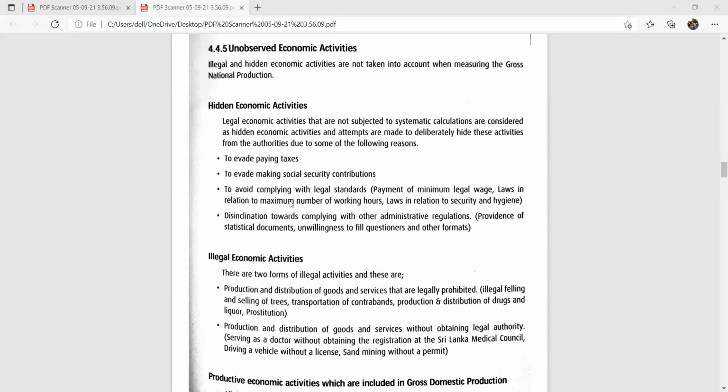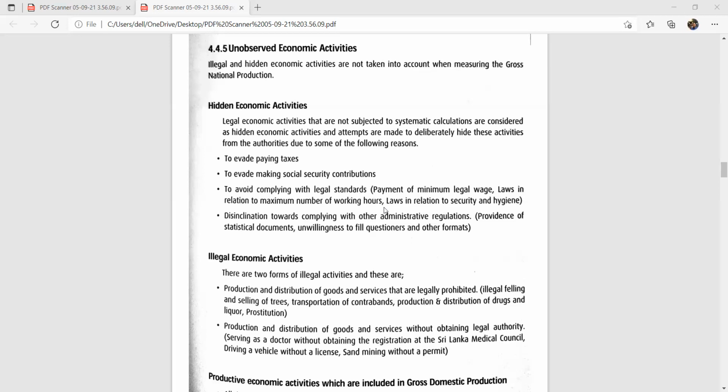Law in relation to the maximum number of working hours. The number of working hours is also very clearly recognized: 8 hours, sometimes 10 hours. After that, workers are supposed to be paid overtime pay. It is a right for an employee.